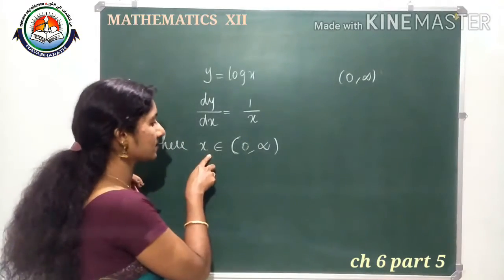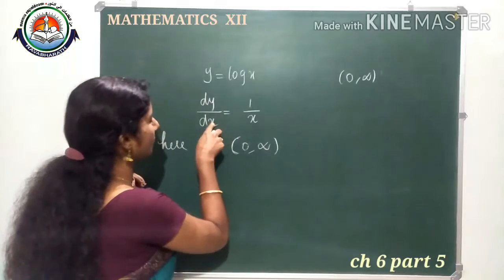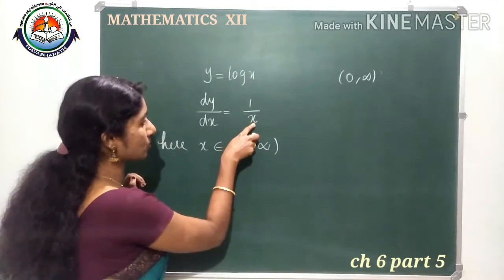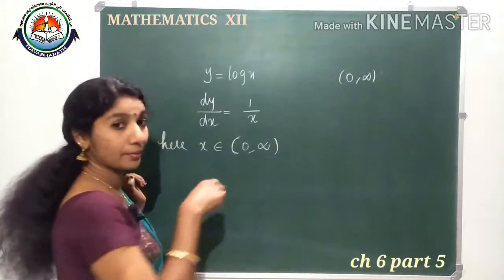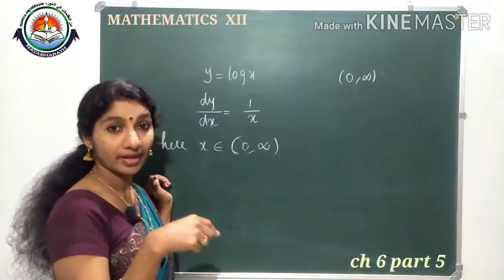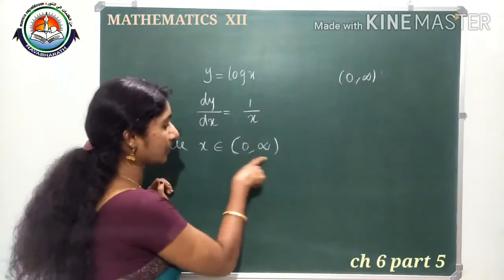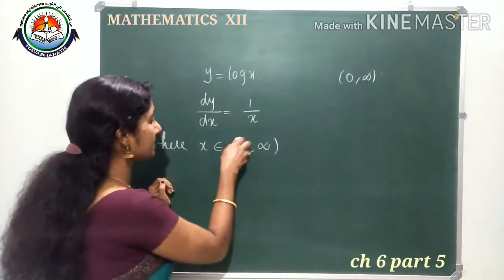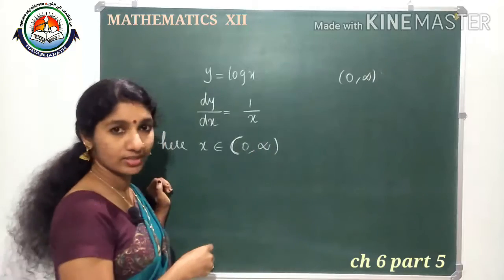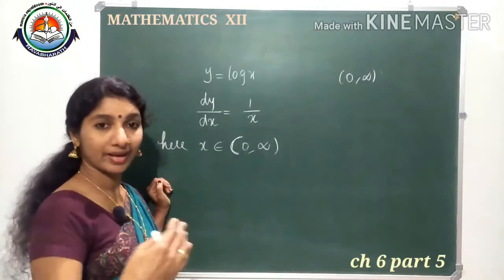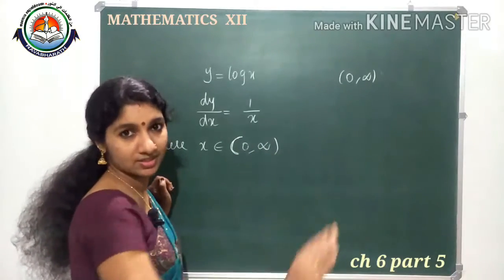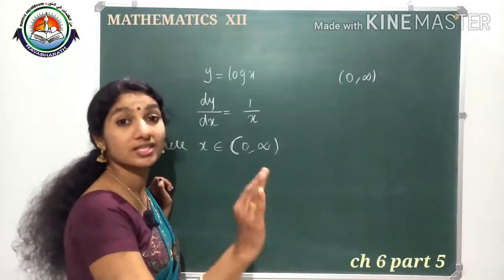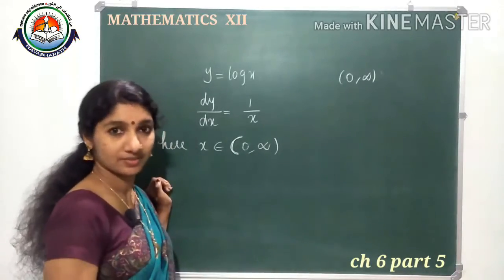If x values are between 0 and infinity, what can you say about dy by dx? This is an open interval (0, infinity), 0 is not included here. So it means all positive real numbers.